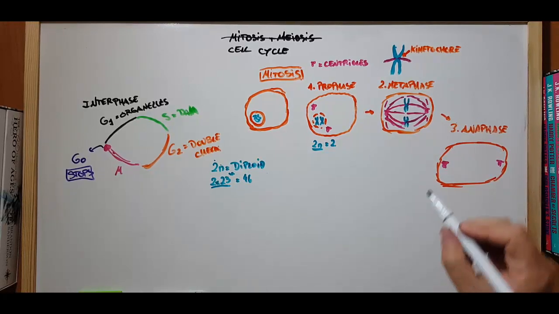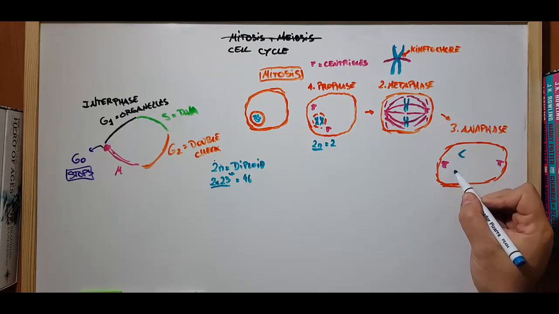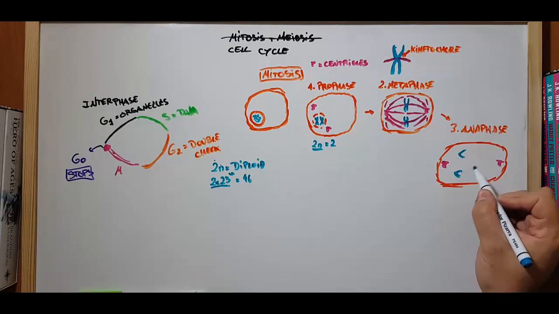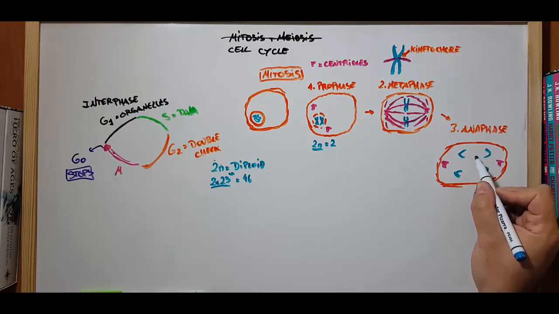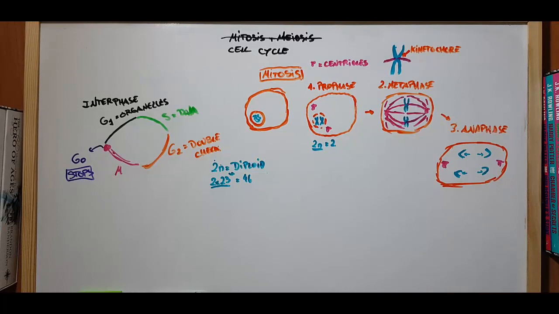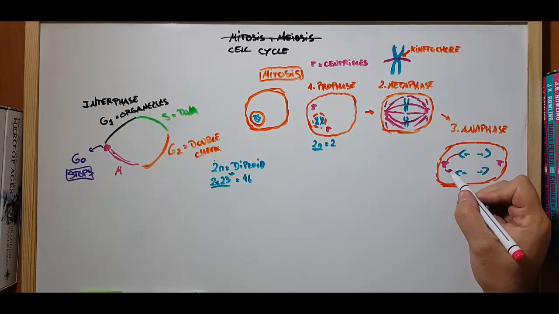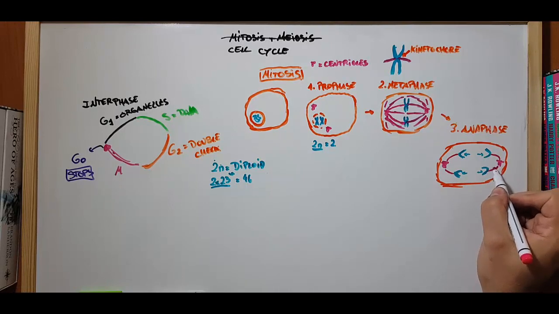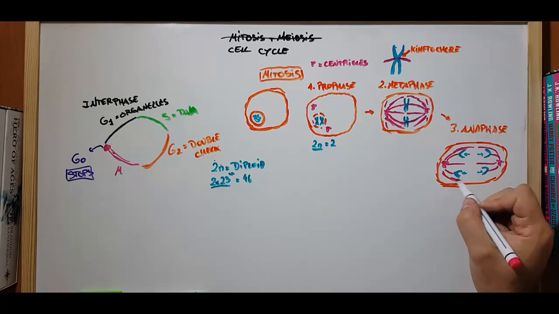Okay, the chromosomes are going to break in the middle. Okay, and then they're going to move to the opposite poles, helped by the microtubules. Okay, microtubules are going to be the things that move the actual chromosomes.